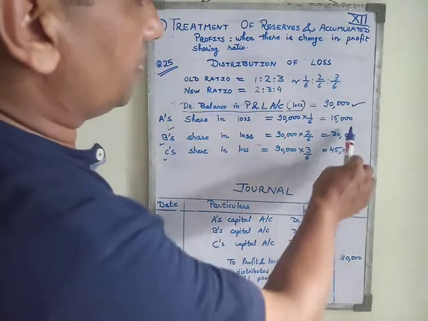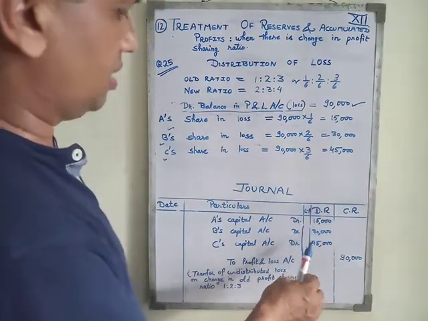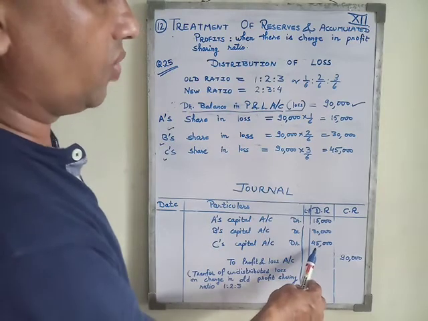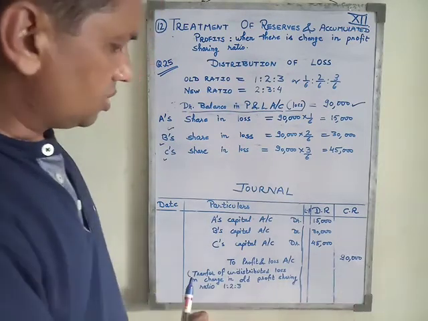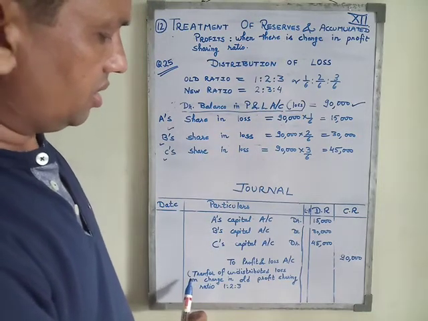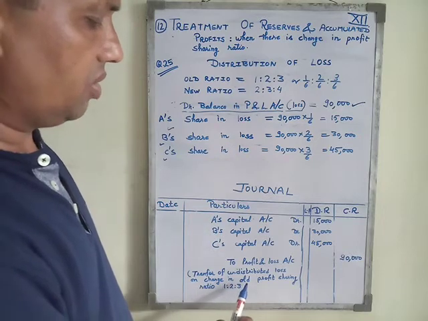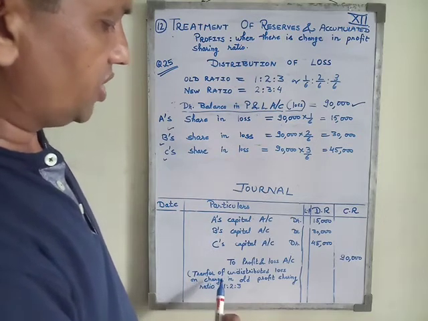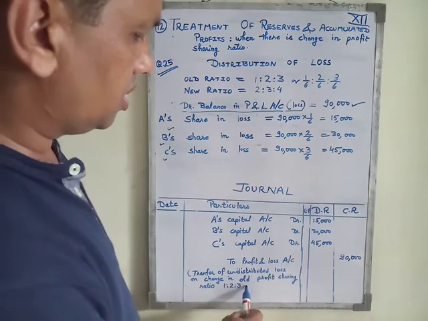A's share is 15,000, so it is debited by 15,000, B is debited by 30,000 and C is debited by 45,000. So the total profit and loss is 90,000. Write the narration: transfer of undistributed loss on change in profit sharing ratio, old profit sharing ratio 1:2:3.